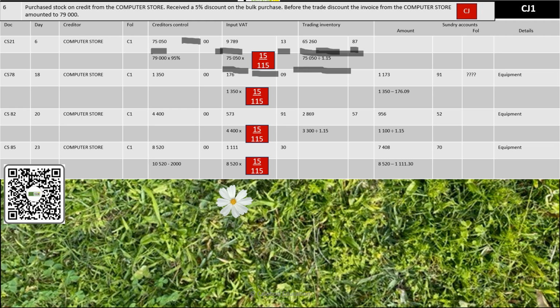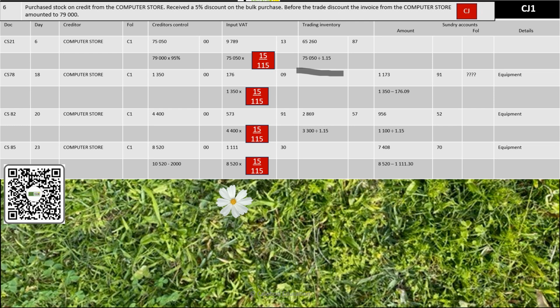I also did it like that just to demonstrate. If I want to take off the VAT, I can say 75,050 divided by 1,15, and that will give me the VAT exclusive amount.